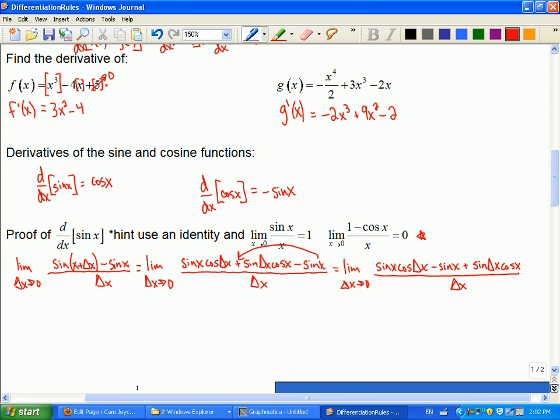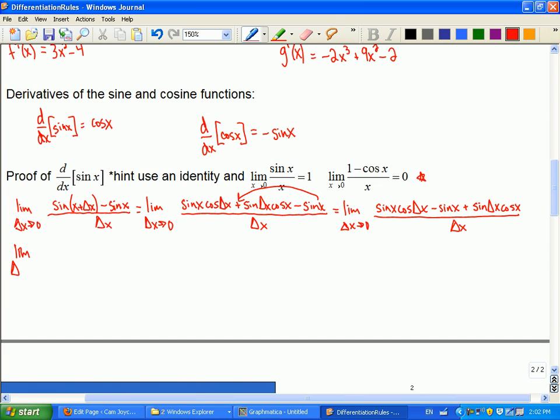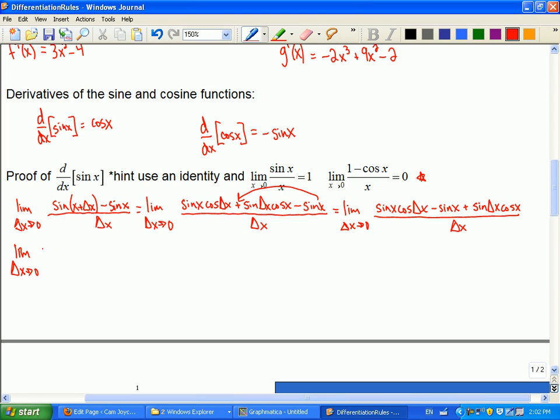So here's what it's going to look like now with the two pieces. This is a fraction, and I'm going to split it into two pieces. The limit as delta x goes to 0 of the first piece, sine of x cosine delta x minus sine of x, and then I'm going to add the second piece, sine of delta x cosine of x, over delta x.